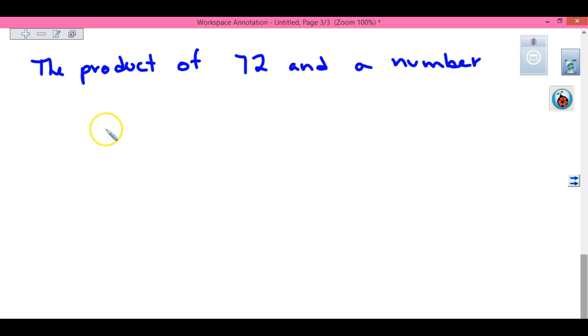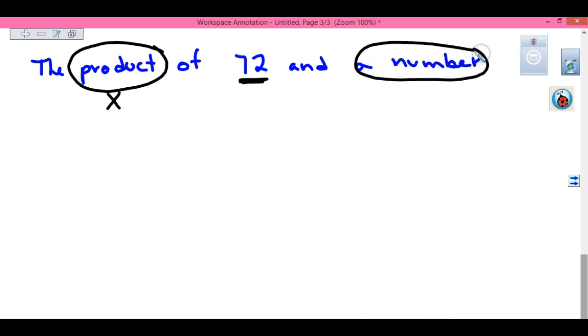We have to write the variable expression to represent this phrase. So we have the product of 72 and a number. What does product mean? What operation? Multiplication. Of 72 and a number. What would be a number? Any number. So any number can be represented by what?